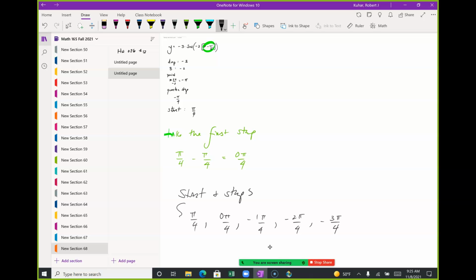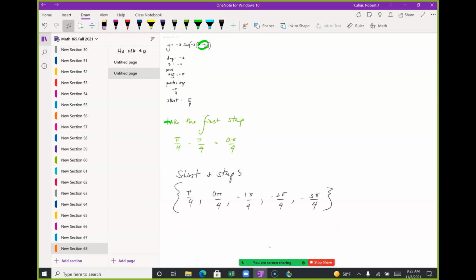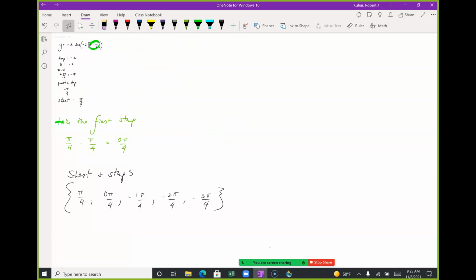Nice little sequence there. Arithmetic, of course, because I'm adding the same thing every time, minus pi over 4. I'm adding the quarter step every time. The one I gave you on your test, you will have to convert to common denominators, just like I've done in class a couple times.